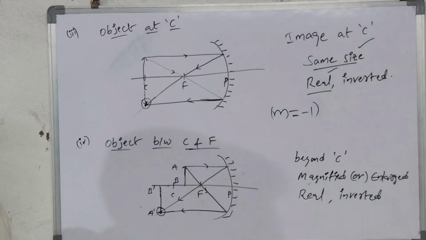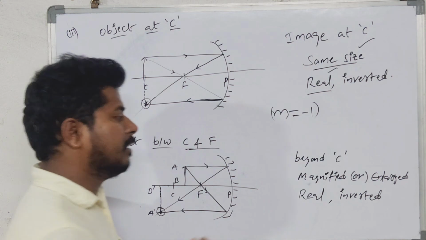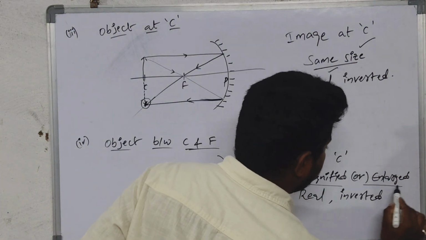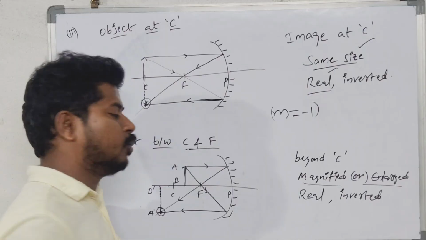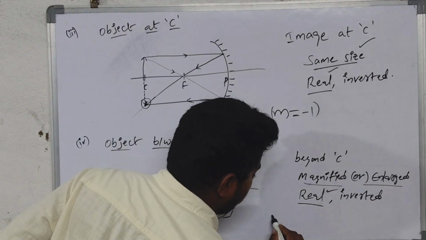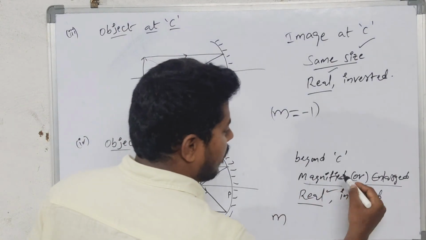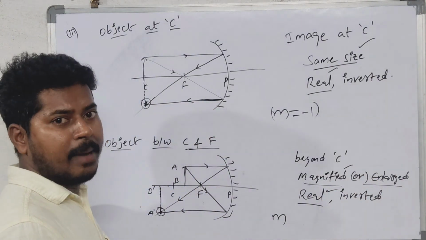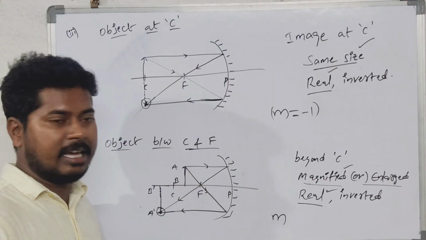Inverted. Now we can write the magnification value for this case. We have to observe two things: one is the size of the image, and one more thing, whether it is a real image or virtual image. It is a real image. Magnification M, and it is a magnified image, so the image size is bigger than the object size.